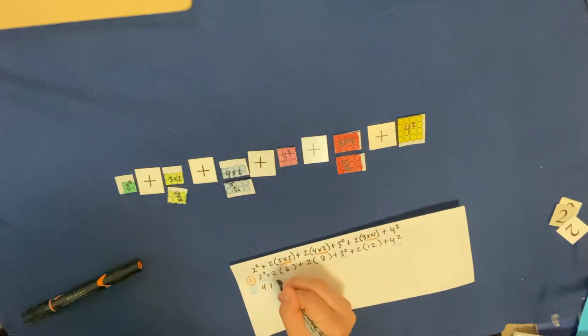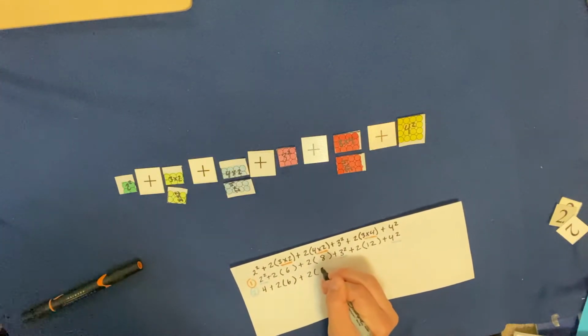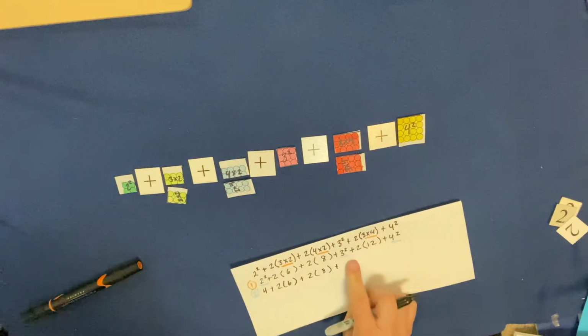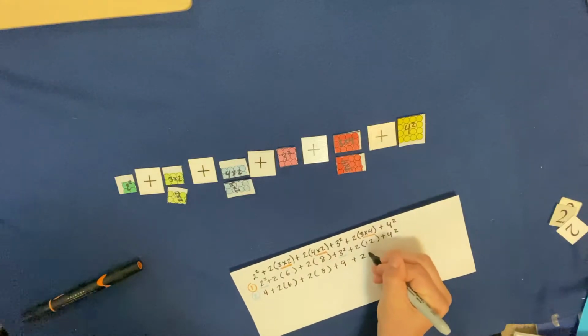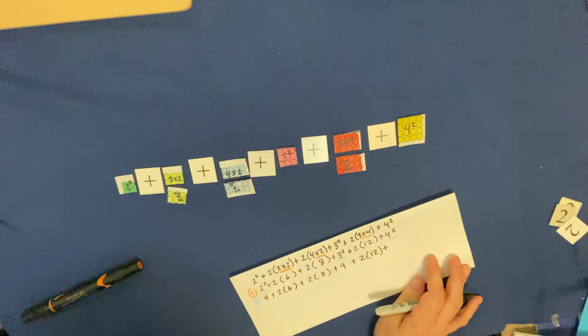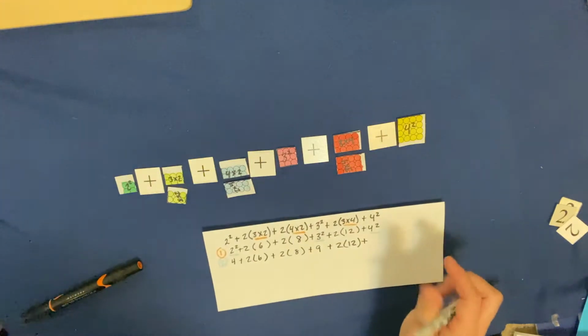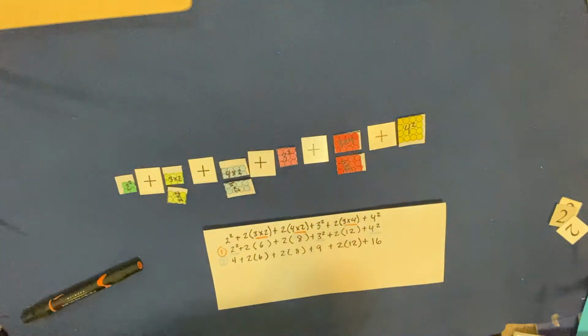So 4 plus 2 times 6 plus 2 times 8 plus, what's 3 squared equal? 9 plus 2 times 12 plus 4 squared. What is 4 squared equal? 4 times 4. It's 16. So there we go. We did our second step.